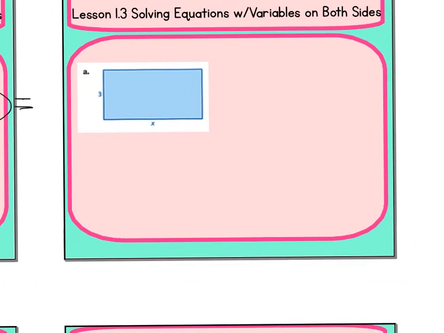So for example, on the first one, all I'm going to do is label all of my sides so I don't forget anything, and I'm going to find the perimeter. The perimeter would be, got an x here plus an x here, which is going to give me 2x, plus then I have 3 here plus another 3 here, so I have 2x plus 6, and that is going to equal the area. The area is going to be length times width, and 3 times x would give us 3x.